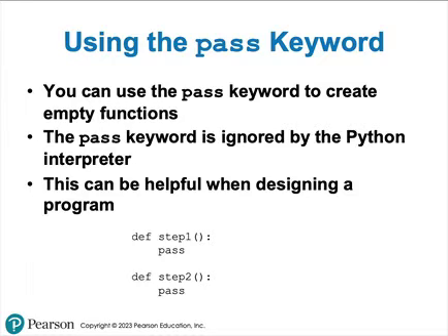That is ignored by the interpreter, but the intention is, I don't want to think about the code to actually accomplish the task. I just want to think about the task I have to accomplish, and I will presumably come back later and fill in the Python code within each of these functions.